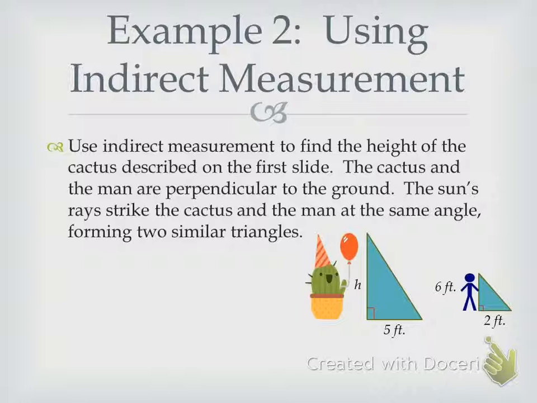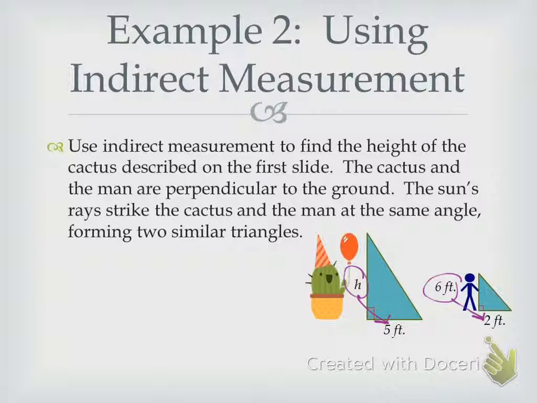Now, there are several ways that you can set up this proportion. You could do the corresponding sides, so height of the cactus over the height of the man, and the length of the shadow over the length of the man's shadow. You could also do height of the cactus over length of its shadow, and height of the man over the length of the man's shadow.